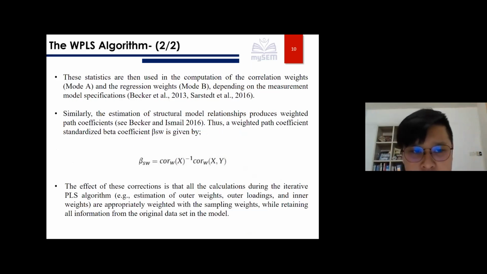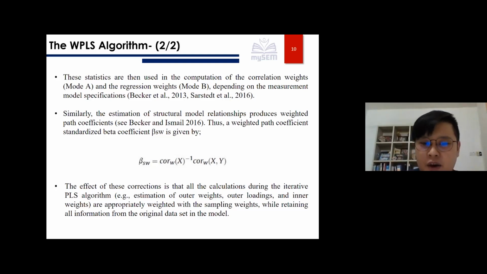In step 2, when we run the measurement model, we need to know there are mode A and mode B. But using the new weighted values, including the mean, variance, and covariance, PLS will change mode A and mode B, which are your correlation weight and regression weight in PLS when you run your measurement model, into weighted mode A and weighted mode B. So it adds the weighting vector, which is the weights of mean, variance, and covariance.